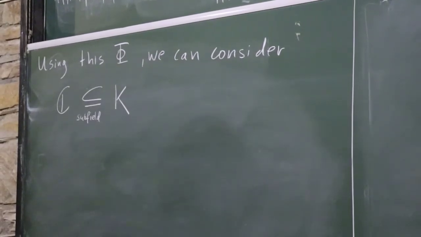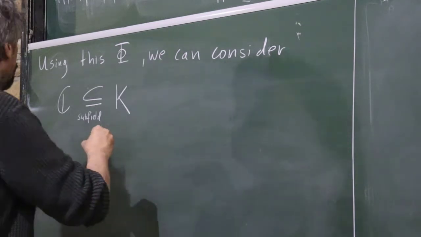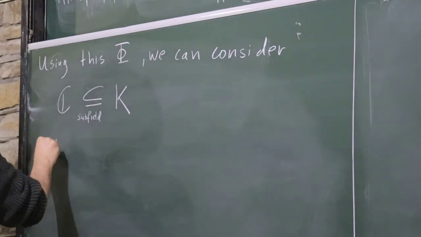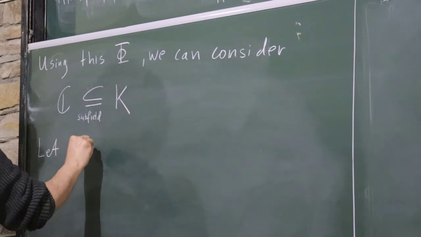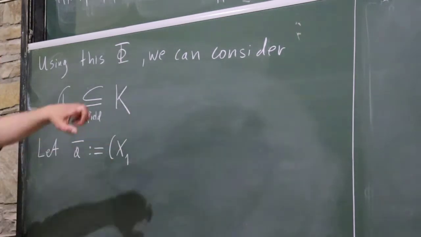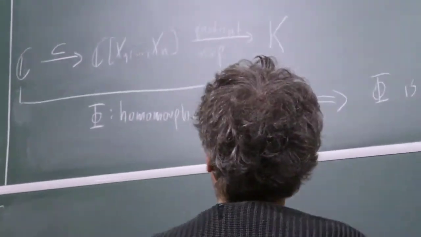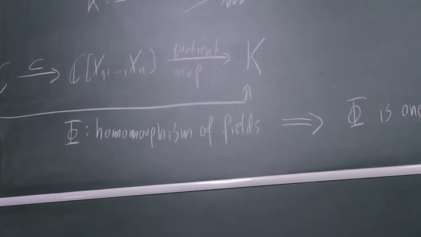So we have images of variables in this K, in other words, these cosets.